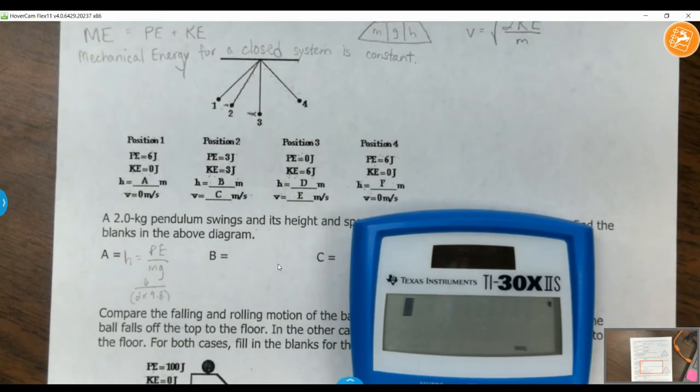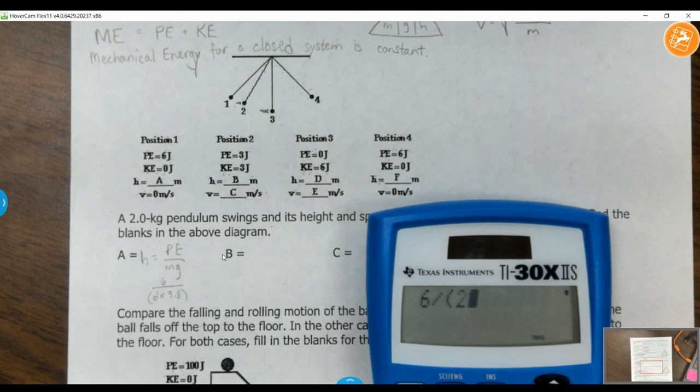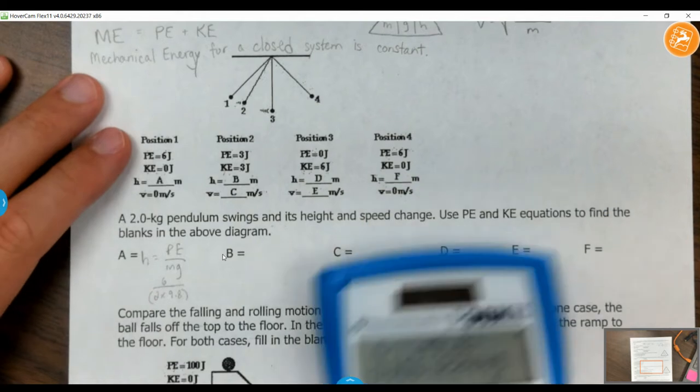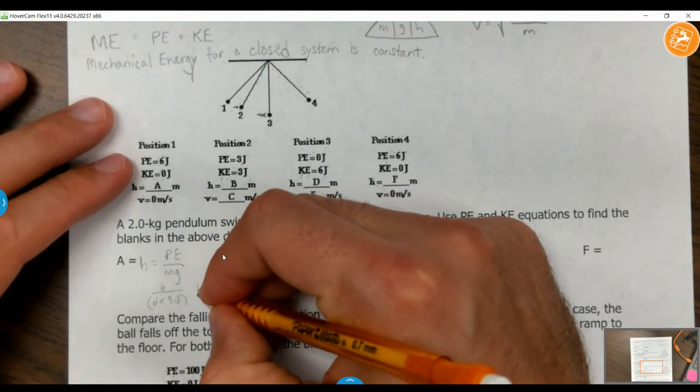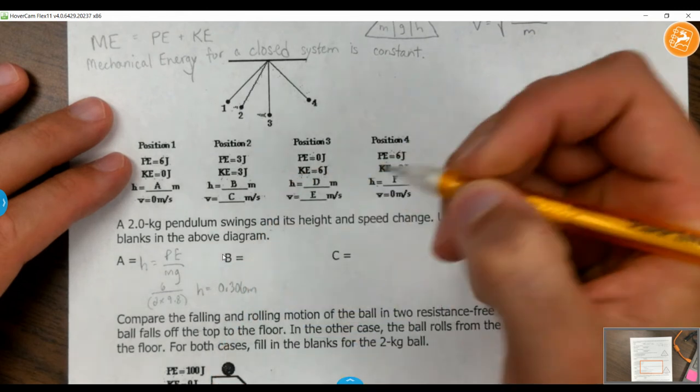And we're going to get a height here of 0.306 meters.